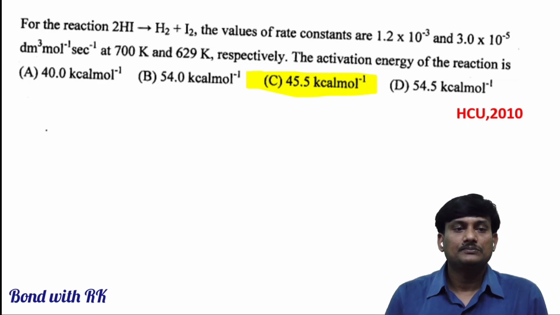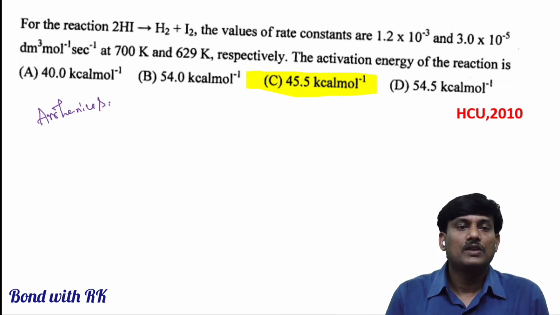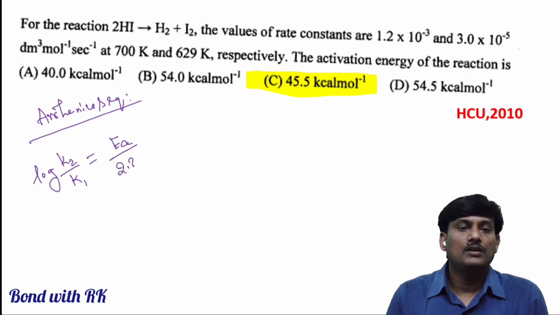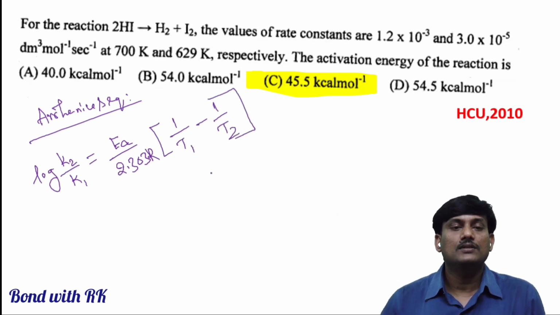We know the Arrhenius equation at two different temperatures: log K2 by K1 is equal to Ea by 2.303 R into 1 by T1 minus 1 by T2. This is the Arrhenius equation.